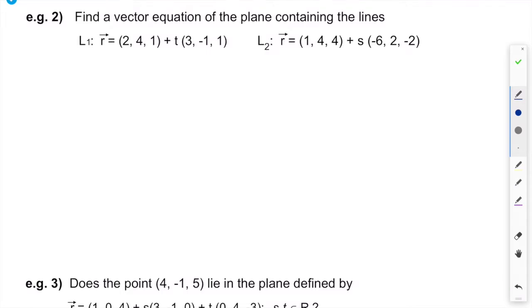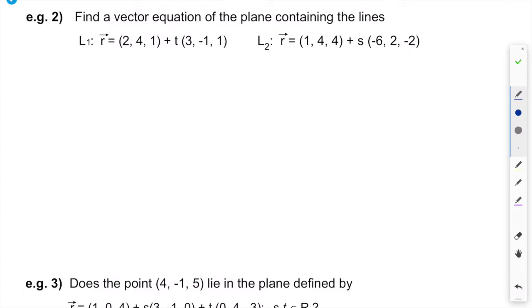Let's take a look at example 2. Find a vector equation of a plane containing these 2 lines, L1 and L2. So like we said, if we have 2 lines, we are able to find the equation of a plane if the 2 lines are not parallel or not coincident, like they're not identical. The position vectors of these 2 lines are not the same, like 2, 4, 1 compared to 1, 4, 4.